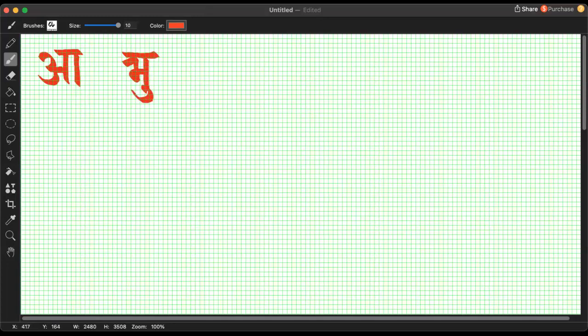So if you're writing this A matra to a few of the alphabets that I'll be mentioning today, it follows a special rule. On the Shiroreka, this is the A matra.